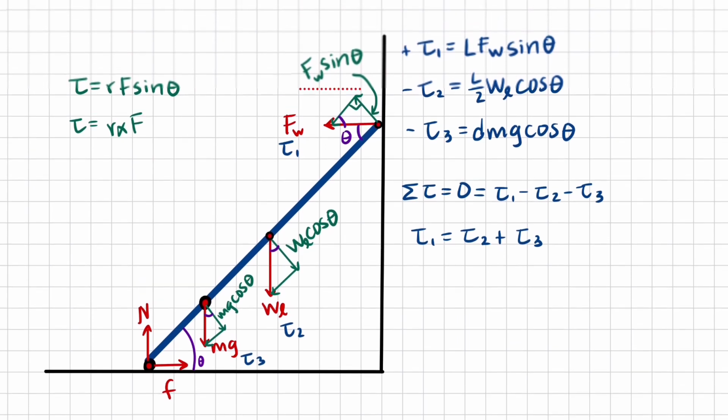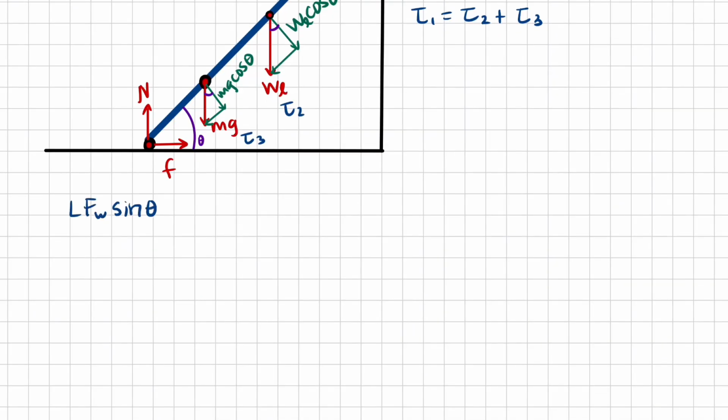So I note torque 1 is the length of the ladder times the force of the wall times the sine of theta. Torque 2 is half the length of the ladder times the weight of the ladder times the cosine of theta, plus distance d times the weight of the kid times the cosine of theta.